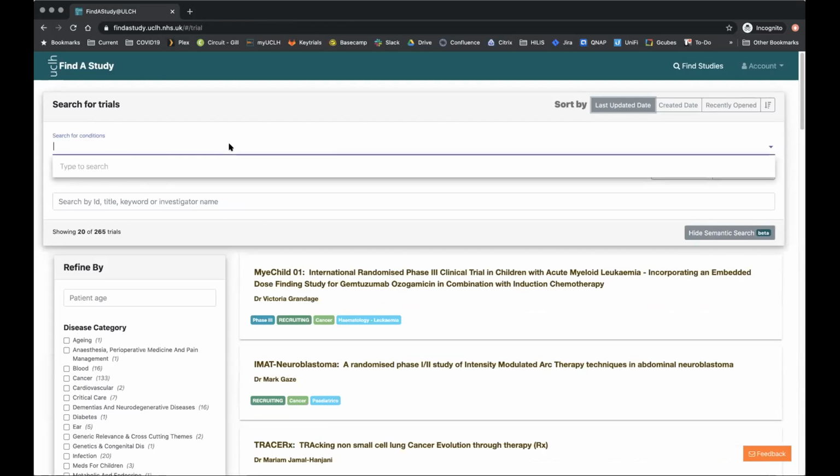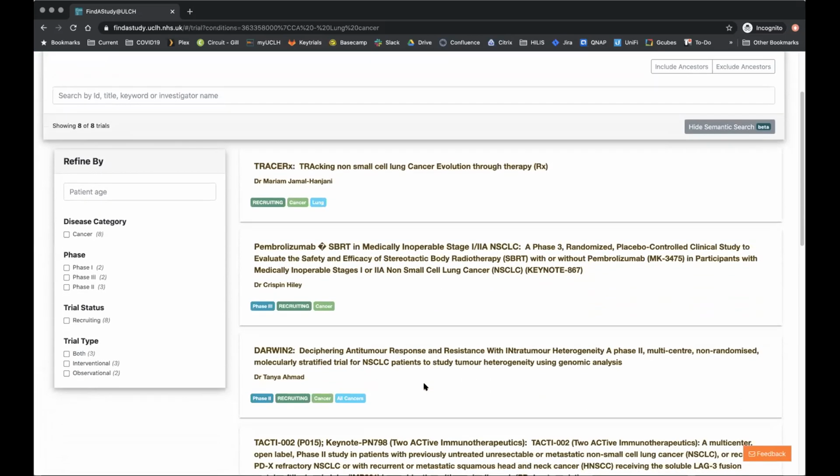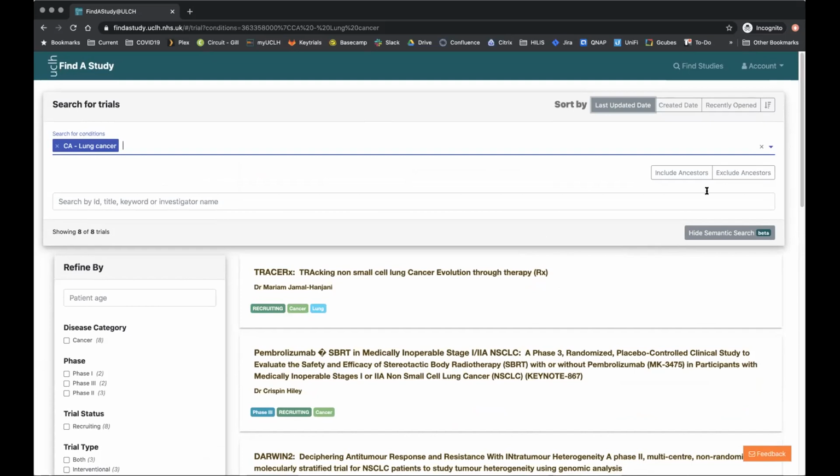So here, I'm going to type lung cancer, for example, and you can see that it has found 8 trials for lung cancer. In fact, the term lung cancer itself doesn't have to be mentioned at all in any of the descriptions because it's semantically linked. You can see here, at the moment, I think by default, it's set to only search the children concepts of lung cancer.